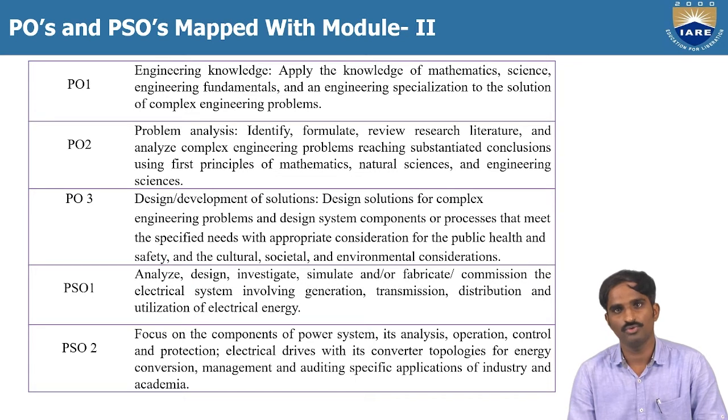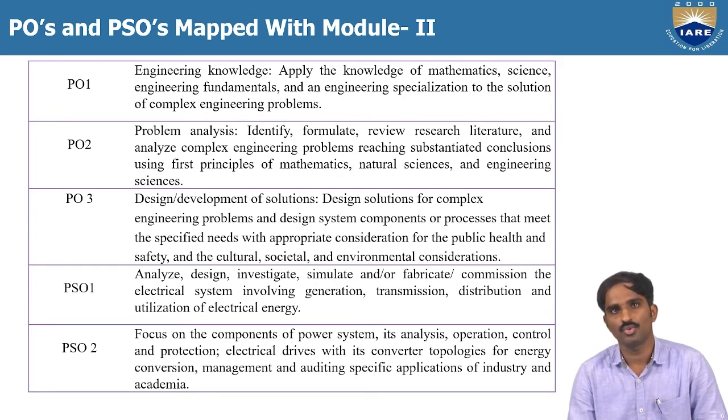Next, PO3 is design and development of solutions: design solutions for complex engineering problems. There are different types of rectifiers, so based on our application we will design the rectifier. That comes under PO3, which is mapped with course outcome 5.